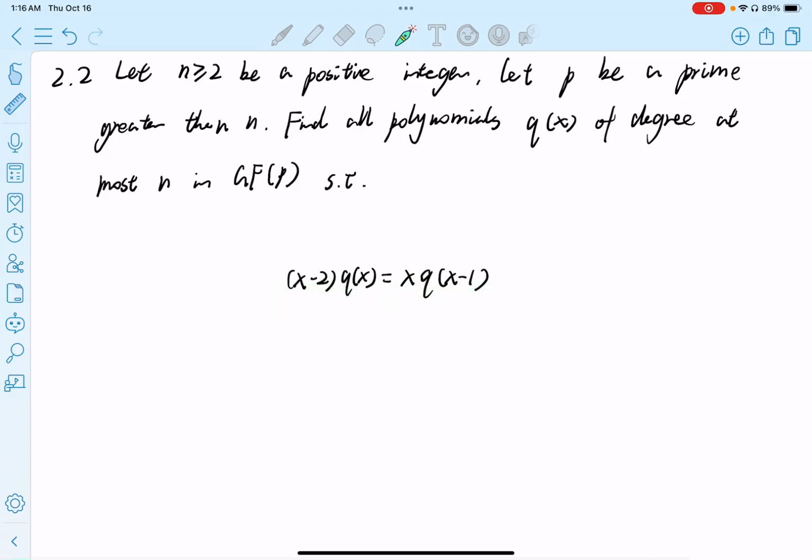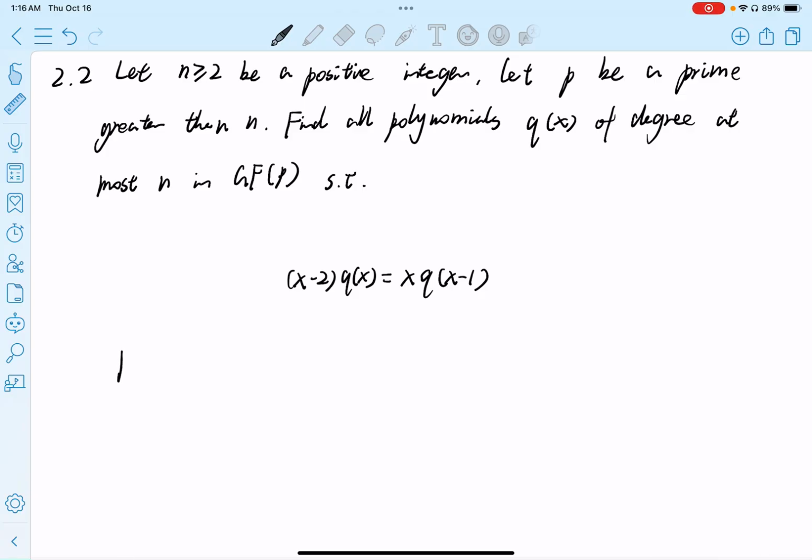If x is greater than 2, then all of x minus 2, x, and x minus 1 will be positive or 0, so it's much easier for us to deal with. But if x equals 0, 1, or 2, things can be more complicated. So we'll start from here.